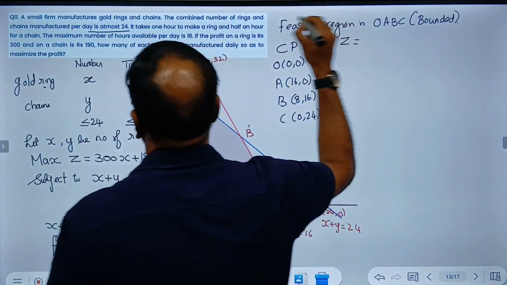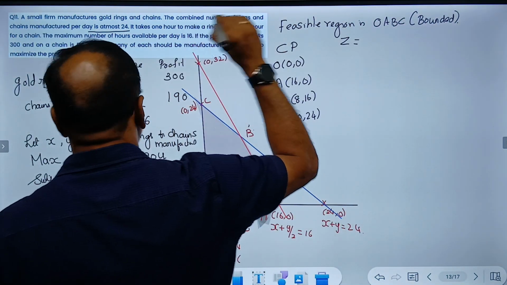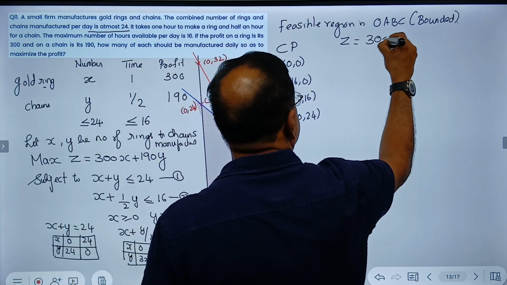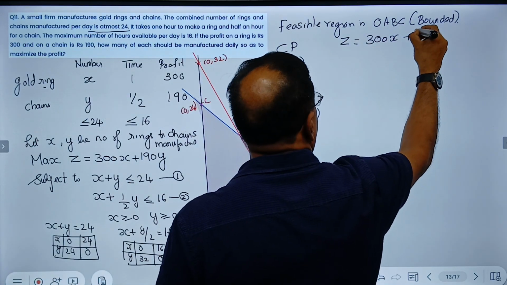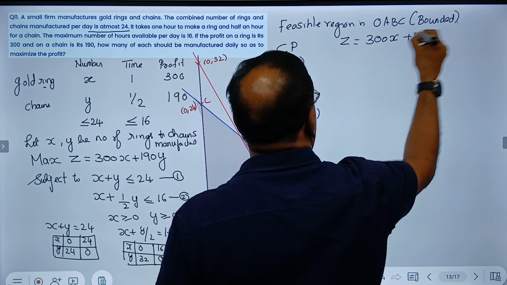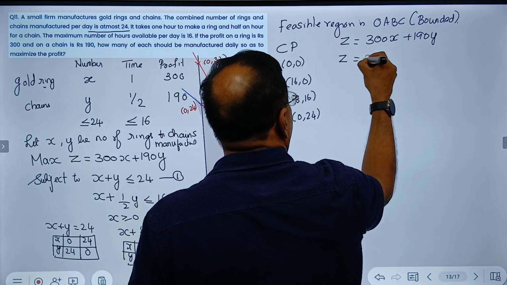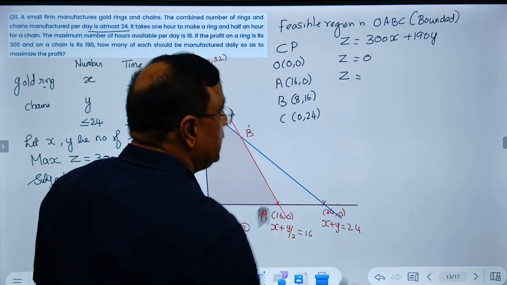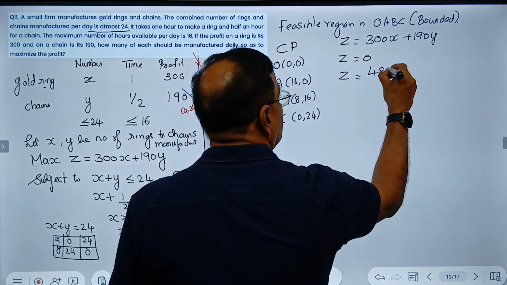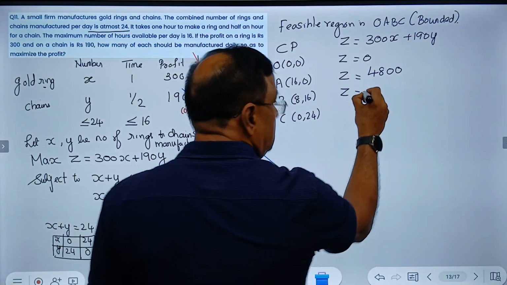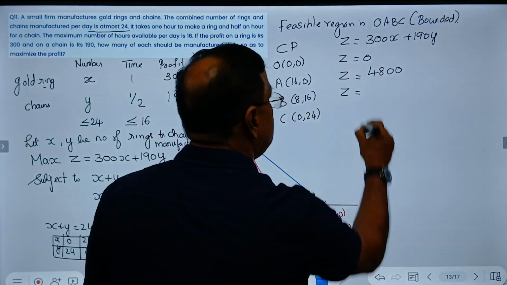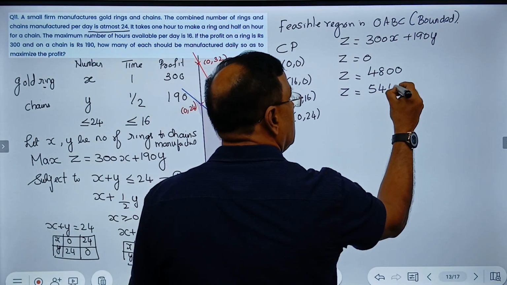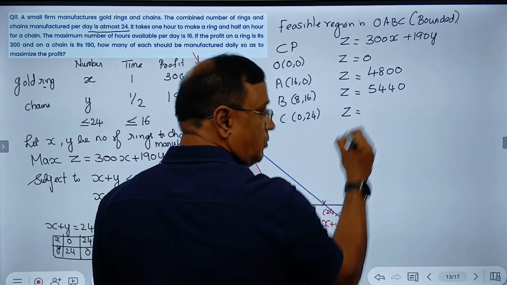My Z is 300x plus 190y. So Z equal to 0, then I get Z equal to 4800, and Z equal to 5440, and Z equal to what?